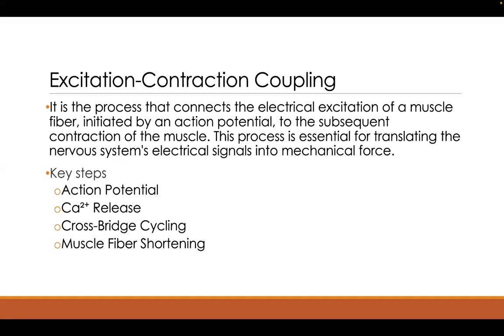Calcium ions bind to troponin, causing a conformational change that moves tropomyosin away from the myosin binding sites on actin filaments. The myosin heads then bind to these sites, forming cross-bridges and initiating the power stroke to pull the actin filaments towards the center of the sarcomere.